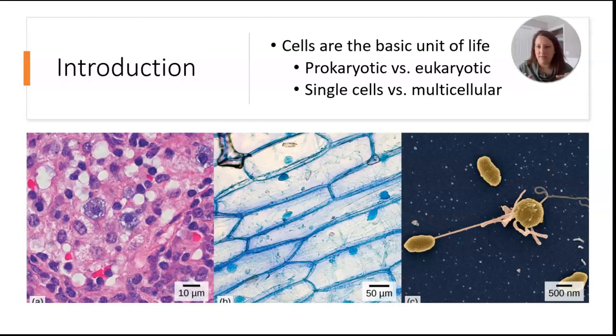The cell is going to be the smallest unit that's going to be considered to be a living thing. Okay, so a nucleus is not considered alive. A mitochondria by itself is not considered alive. So again, the cell is going to be the basic unit and structure of life.